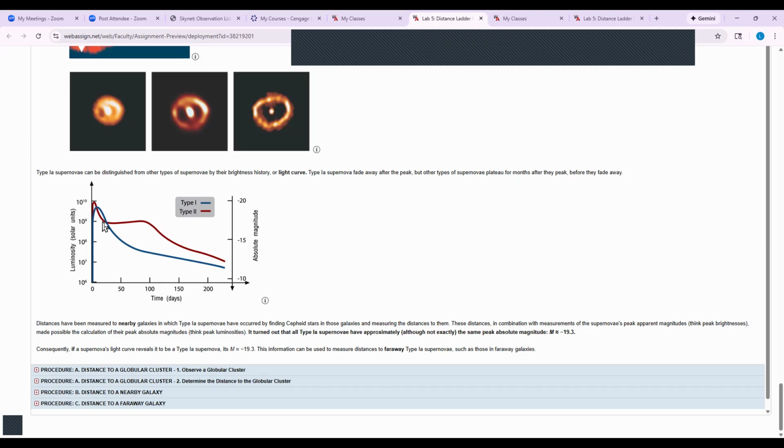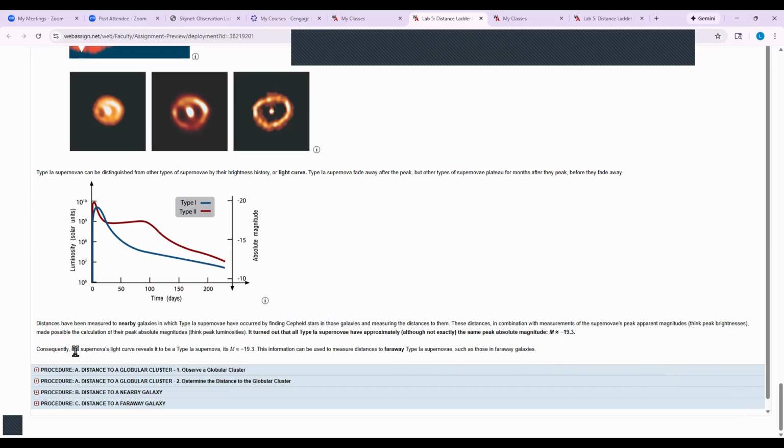It's not going to be a hump and suddenly gradually decrease like this. It's going to have about 3 months at the same level of luminosity and then gradually descend and become fainter. And therefore, these are two different configurations that we're going to learn in this activity.